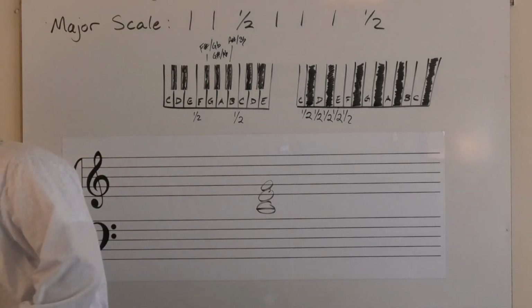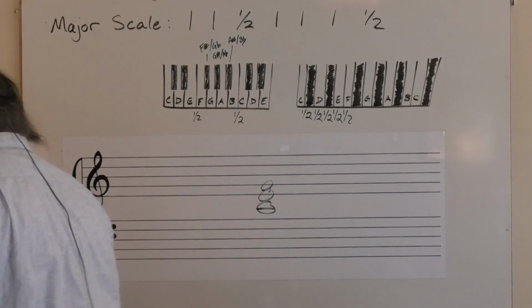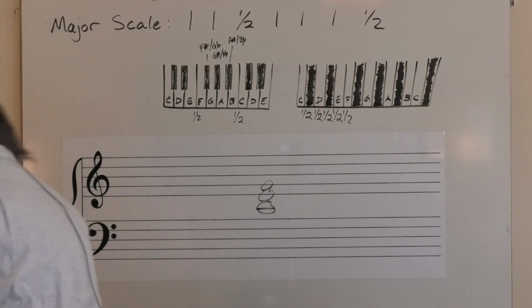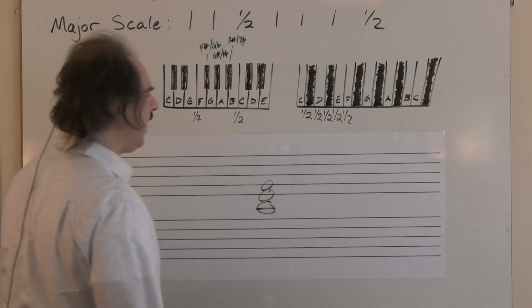All right, because they liked playing in minor back in the old days. So they took the first key on the keyboard and called it A.